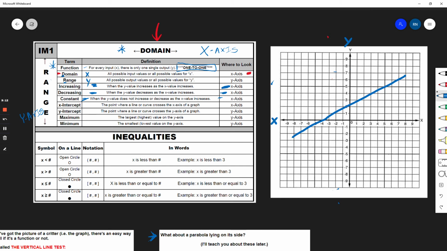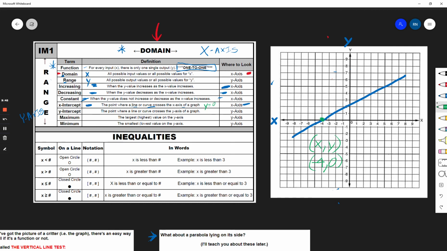So our x-intercept is the point where the line or curve crosses the x-axis on the graph. Where do you look? The x-axis. So right here is where it crosses the x-axis. So it's at x and y, that's our ordered pair. X equals -4 and y equals 0. On our x-intercept, y will always equal 0. You just have to figure out your x value.